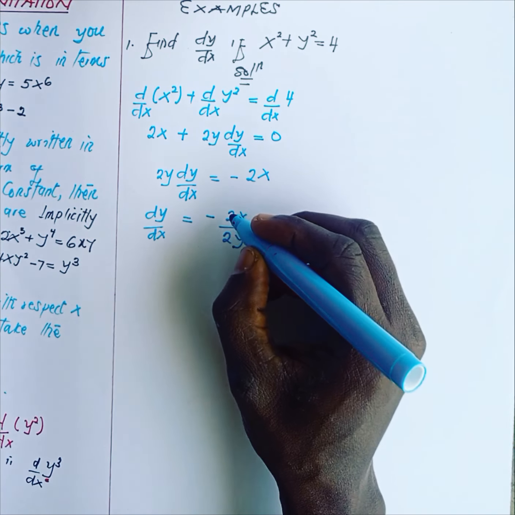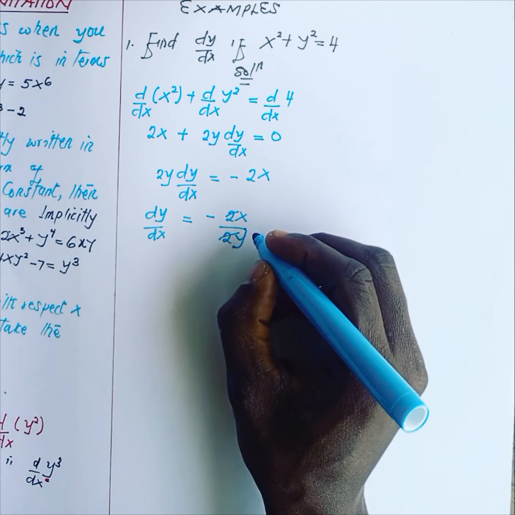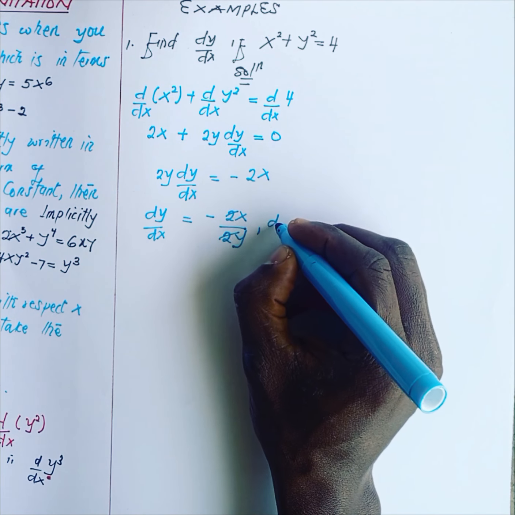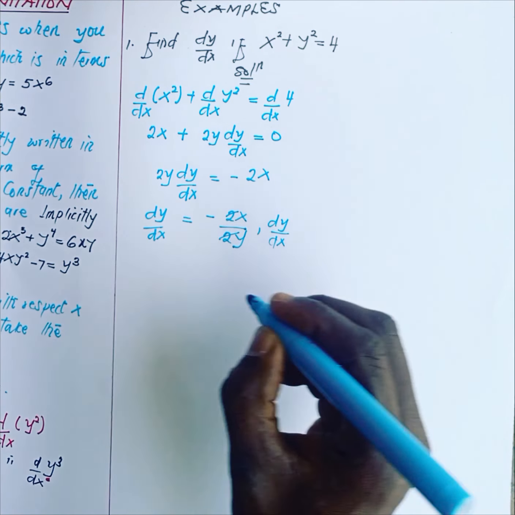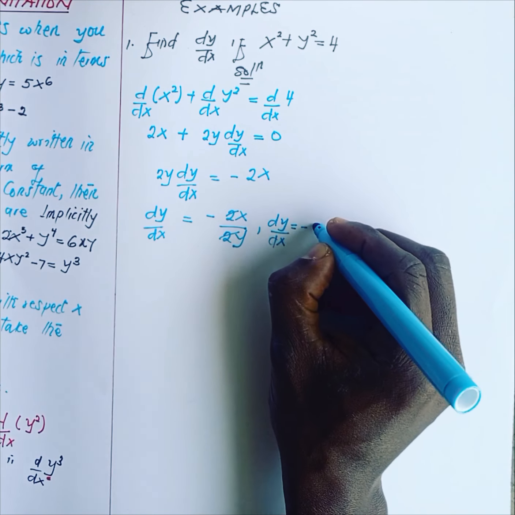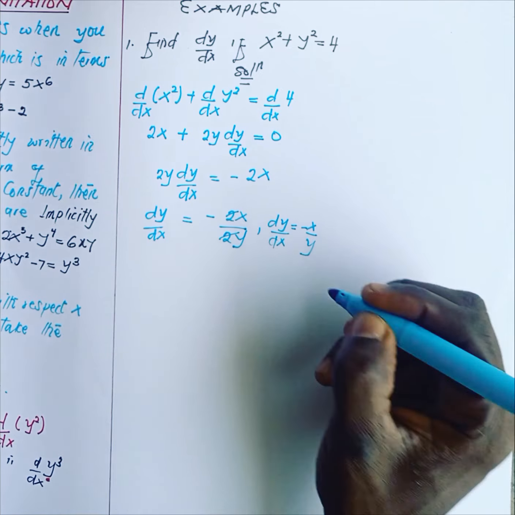So we can see that 2 and then 2 will go away. Therefore, our dy dx is equal to negative x over y.